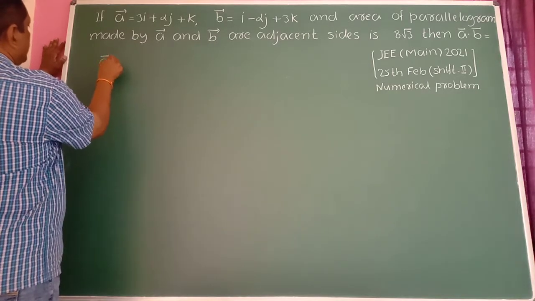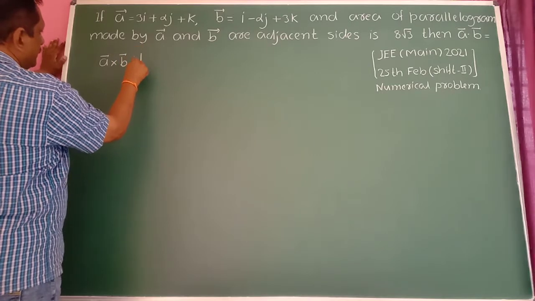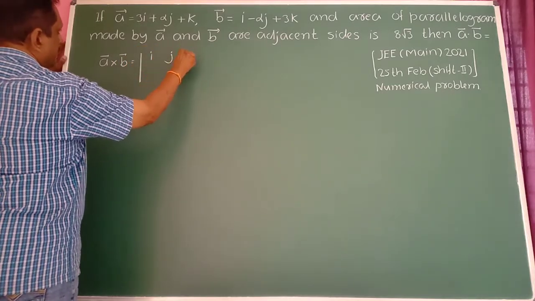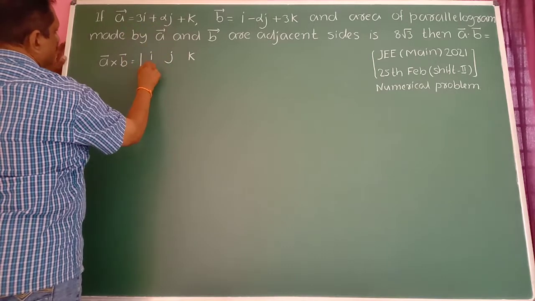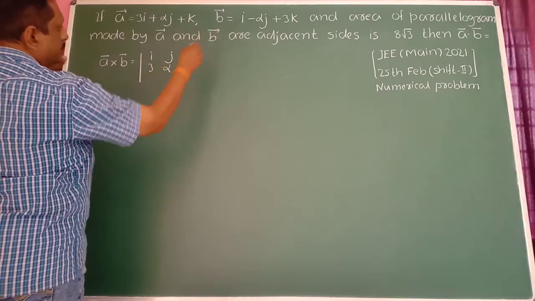A bar cross B bar is equal to the determinant of i, j and k, 3, alpha, 1, and alpha, minus alpha, 3.